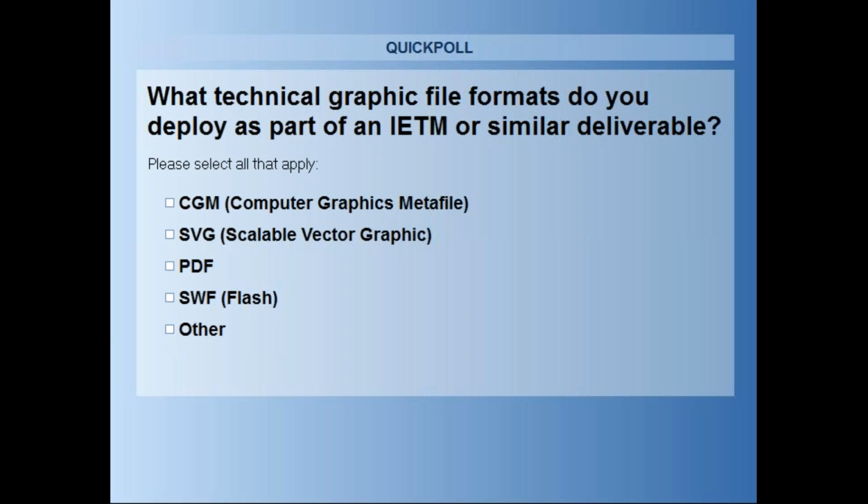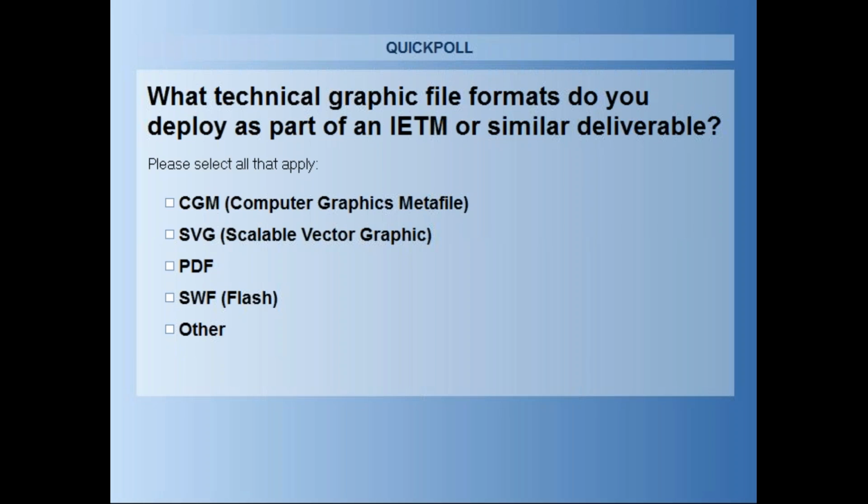You can select multiple boxes. Obviously, if you don't deploy anything at the moment, then you don't have to participate. Once you've completed, I'll give you a few more minutes, then we'll launch the results. So I think we're virtually there.